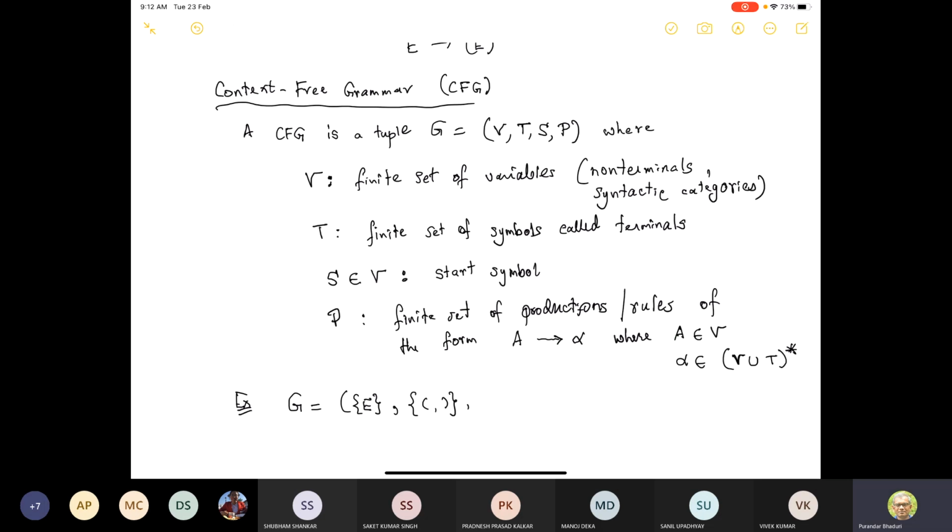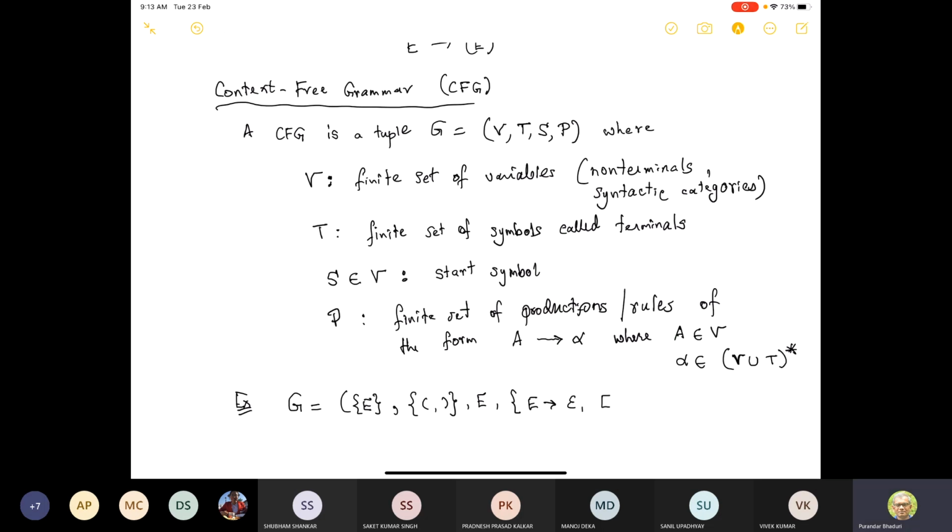The start symbol is E, and there are three productions. The first production is E goes to epsilon.